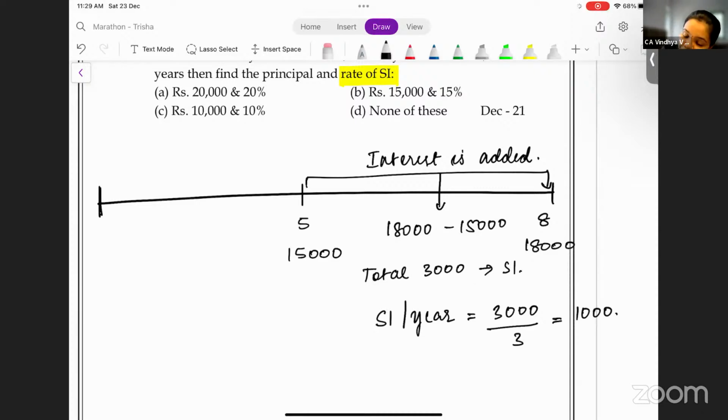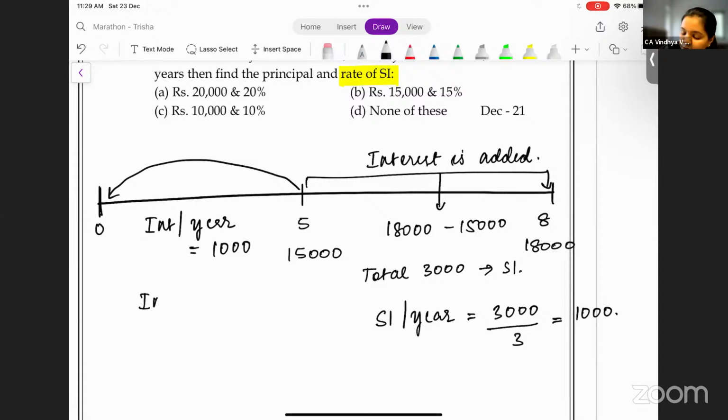Now, what you need to do is reverse calculate. From year 0 to year 5, how many years are there? There are 5 years: 1, 2, 3, 4, 5. So interest per year is 1,000, which means interest for 5 years will be 1,000 into 5.